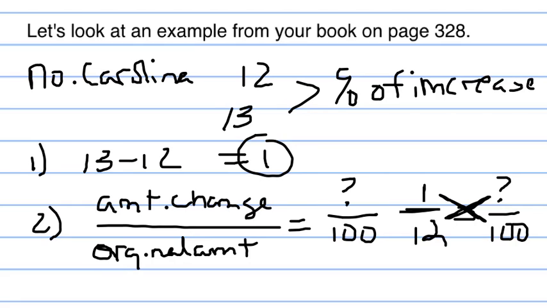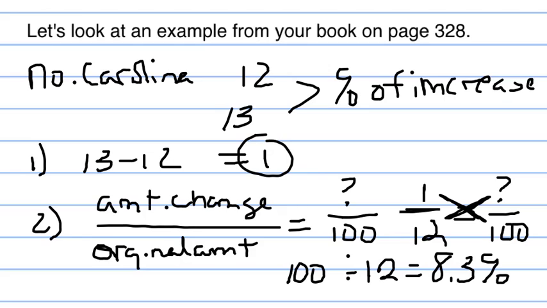In other words, we just multiply to get 100, and then divide that answer by 12 to find our percent. Our percent of change is actually 8.3%. And is that an increase or a decrease? Well, we knew in the problem that it's an increase because they increased one more person in the House of Representatives.